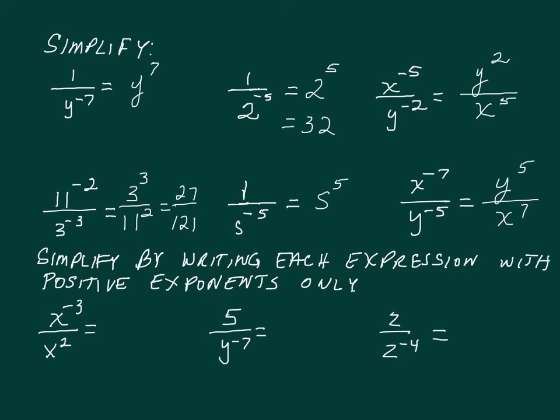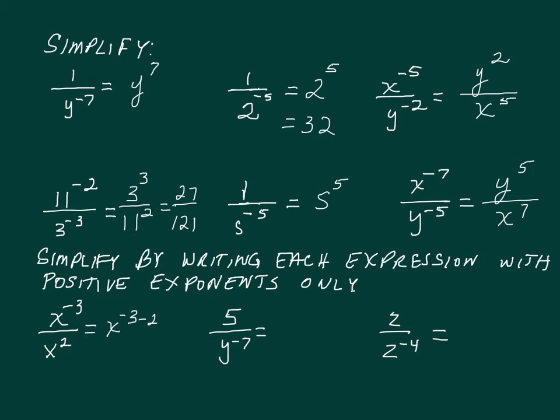Now look at the one that we have next, x to the negative 3 over x to the 2nd power. Well, there's a couple of ways you can do this. You can use the quotient rule, and you can say that I have x to the negative 3 minus 2, right?